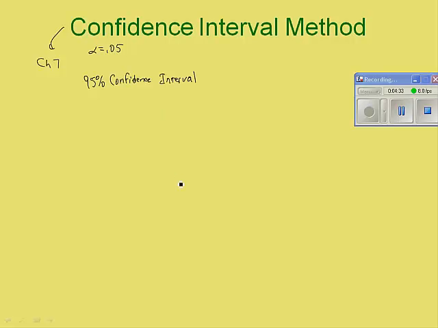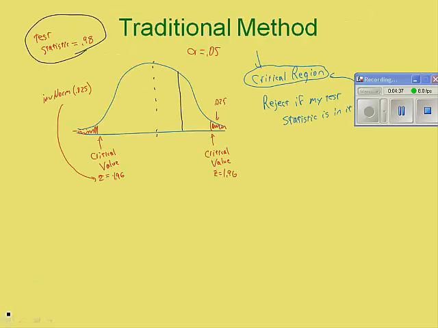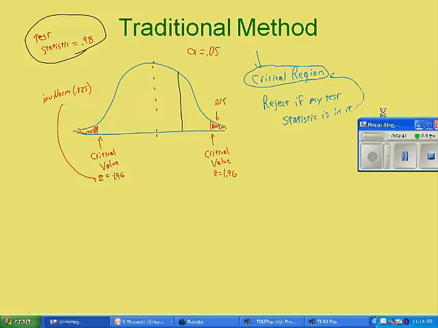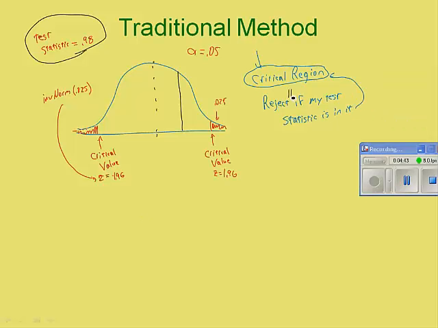David? Yep. Well, we reject H naught if my test statistic is in the critical region. Where's the critical region? Well, the two tails. My test statistic was right here, 0.98. See that? That's not in the tails, so I didn't reject.